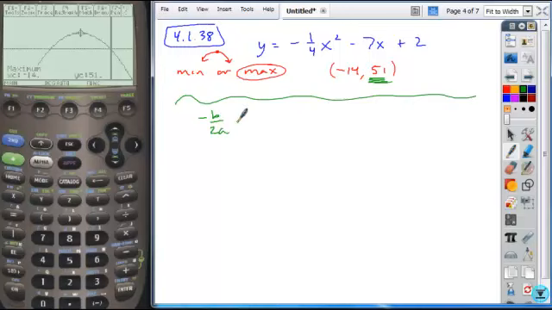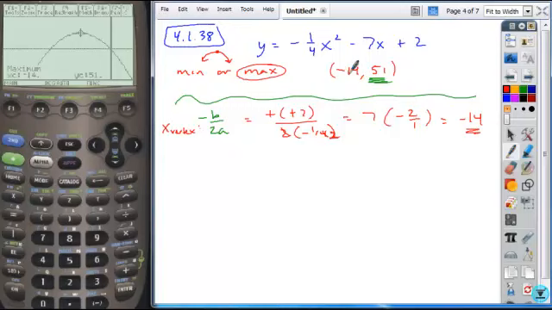So in this particular problem, we could have taken this information. This is the x-coordinate of our vertex. And we could find that we take -b, our b value is -7, over 2 times our a value is -1/4. And so if we look at this, the negatives cancel. Here, this 2 and this 4 cancel into a 1/2. And when you divide by 1/2, it's equivalent to multiplying by the reciprocal, 2/1. So you get -14 for your x-coordinate, which we see right here.